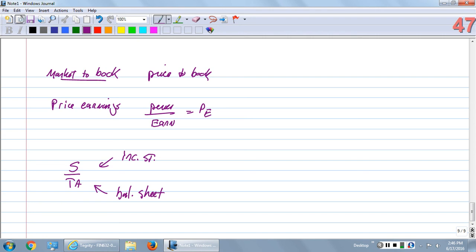The last thing that I'm going to say from this chapter is that we're pulling numbers off income statements and balance sheets, and it is helpful, but sometimes we face comparability problems. I just gave you an example of one.